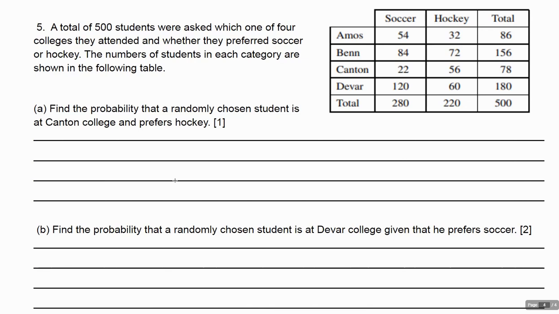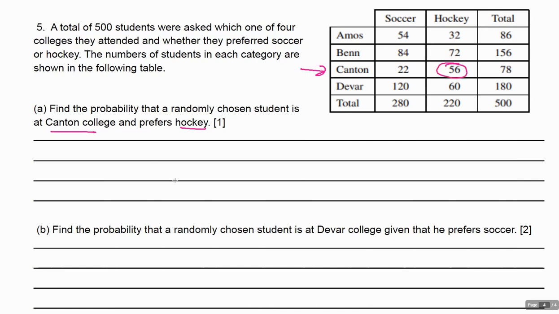All right. So find the probability the randomly chosen student is at Canton College and prefers hockey. Where's Canton College? With the numbers 22 and 56. So all of these students are from that college, yes? How many of them prefer hockey? 56.